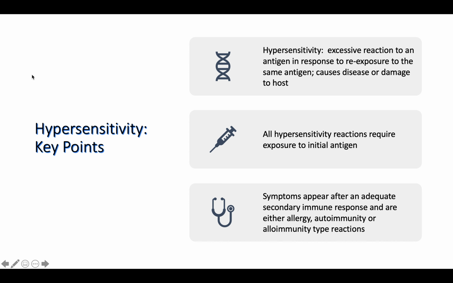The second time is when you can have a huge response. All hypersensitivity reactions require exposure to an initial antigen. Symptoms appear after an adequate secondary immune response and are either an allergy, an autoimmunity, like why is the body not protecting itself, or alloimmunity type reactions.